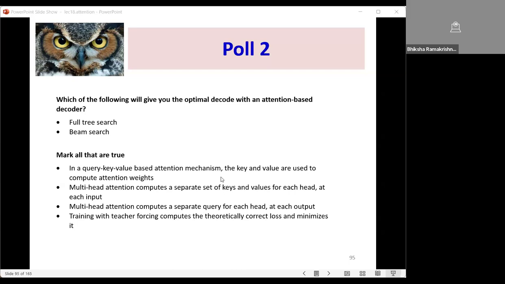You must have one query corresponding to each key value pair. Training with teacher forcing computes the theoretically correct loss and minimizes this. True or false? It's false, right? Because the theoretically correct loss must be based on free decode. We're cheating. It makes sense?